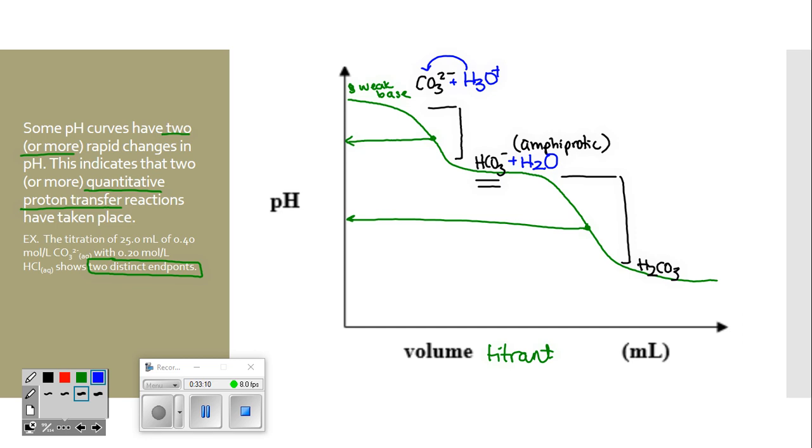So after the proton transfer happened, I had the weak conjugate acid and water. Now, because water is not what I'm adding as titrant, I continue adding hydronium here. It's going to donate its hydrogen to bicarbonate, and I'll end up with more water at the end.